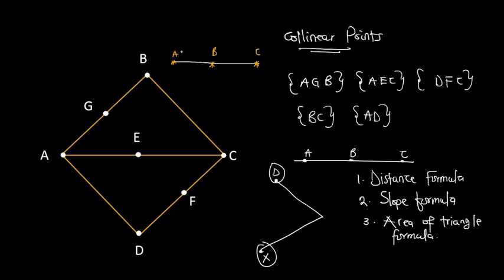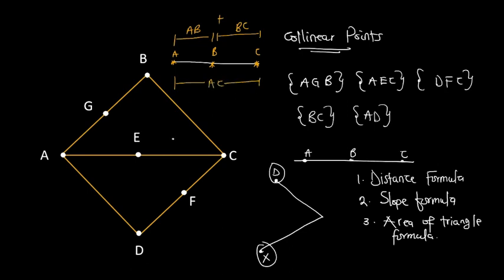Then it means the distance AB plus the distance BC should be equal to the distance AC. So I take that again. If the points A, B, and C are collinear, it means the distance AB, so AB here, and then the distance BC, if we add the two, it should be equal to the distance AC at the bottom over here.